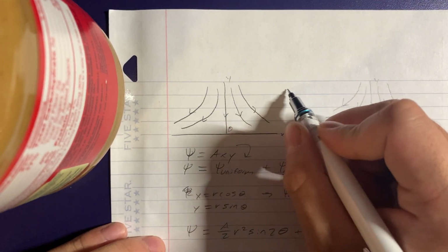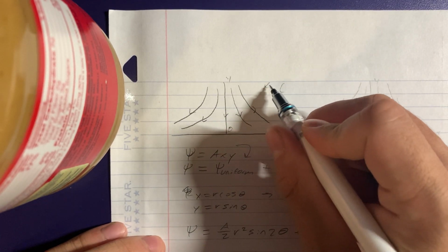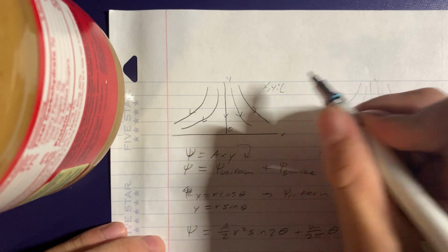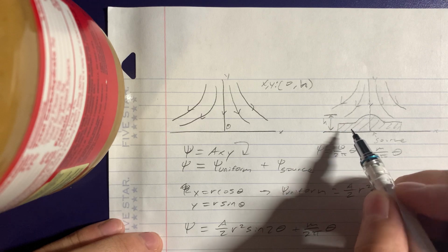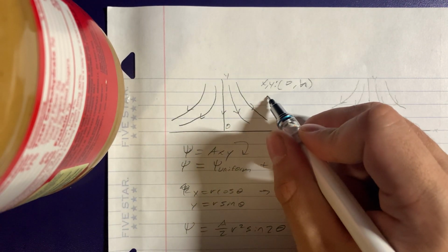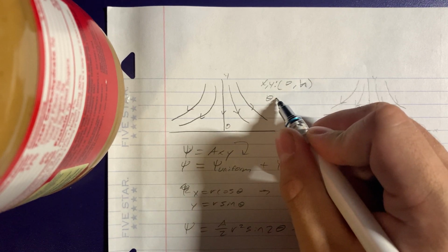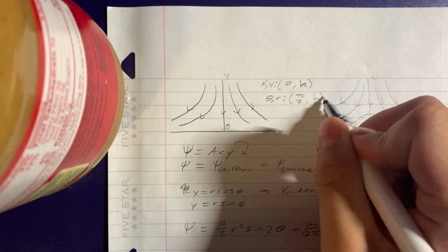In xy, it's at 0 comma h, because h is the height of our bump, and in cylindrical polar coordinates, theta comma r, that is pi over 2 comma h.